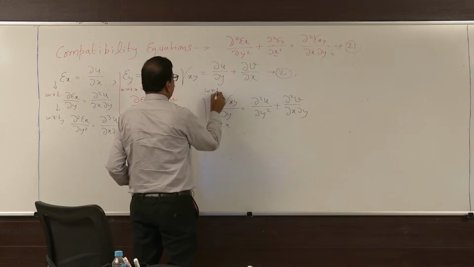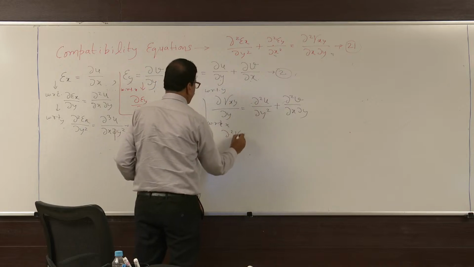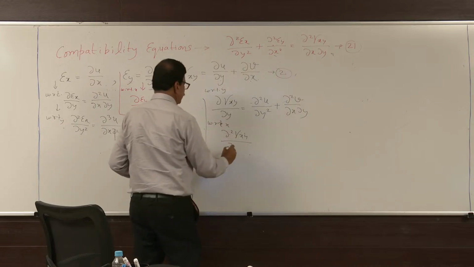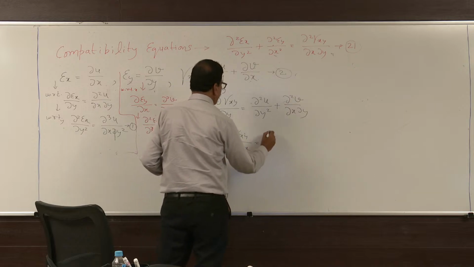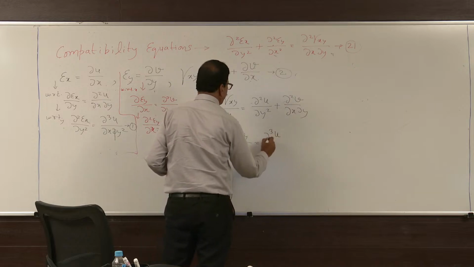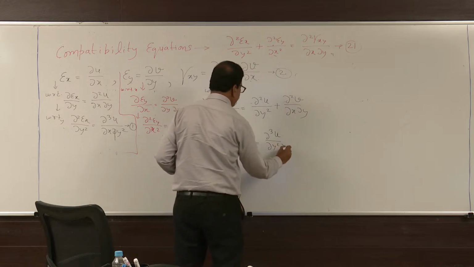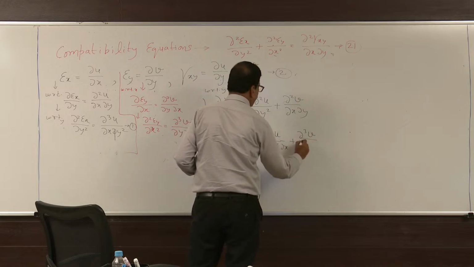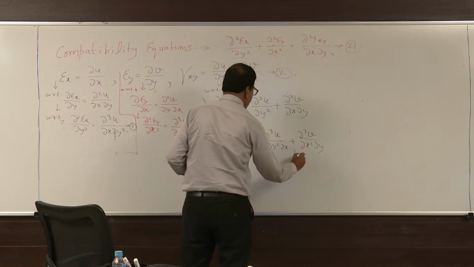With respect to y and then with respect to x, del square gamma xy upon del y del x is equal to del cube u upon del y square del x plus del cube v upon del x square del y. Say this is 3.